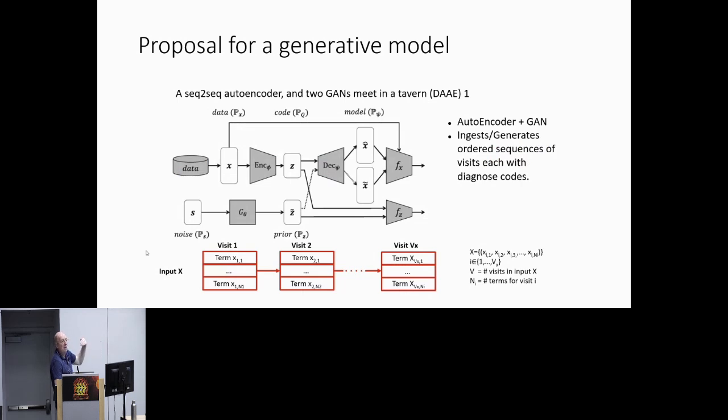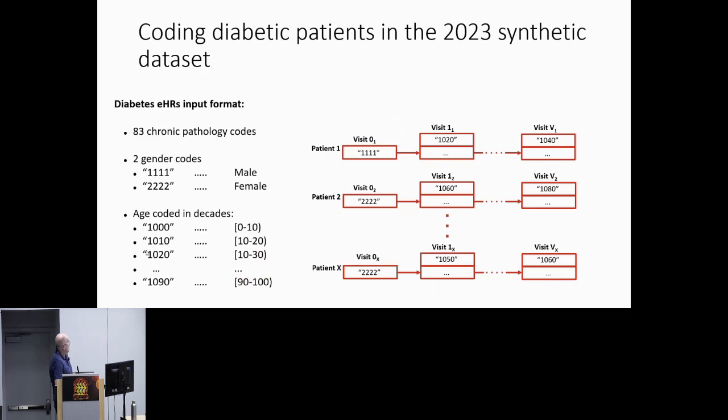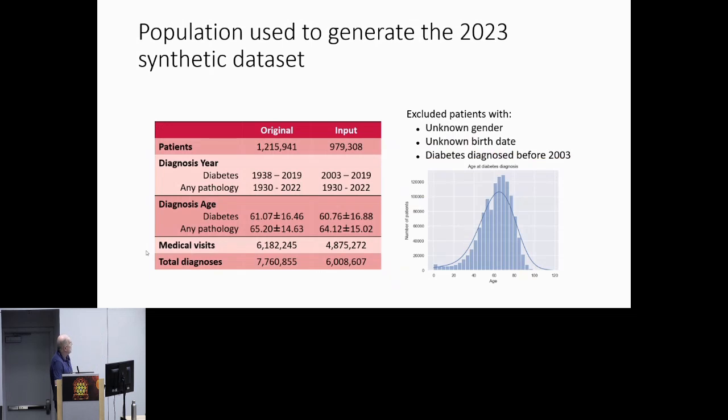So at the end, we have a list: first an assignation of gender, and then a list of visits with the diagnoses, right? No more data for now. That would be an example. We have this code for male and female, and in the first data set the age was coded in decades, so it was a low resolution data set. And we have these visits, and this is what we got, more or less.